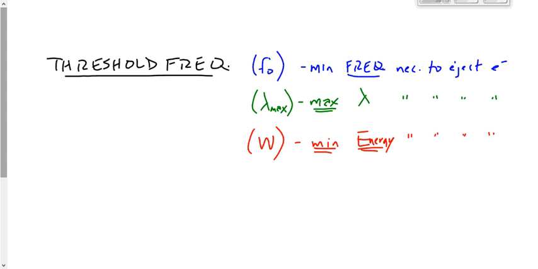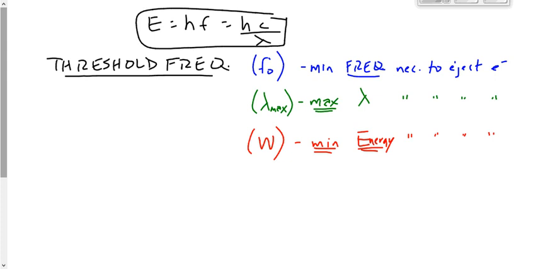Now, on the last page, we said E is equal to HF, which is equal to HC over lambda. If E is HF and HC over lambda, then the minimum energy, or W, would be equal to H times the minimum frequency, H times F0, or HC over what?